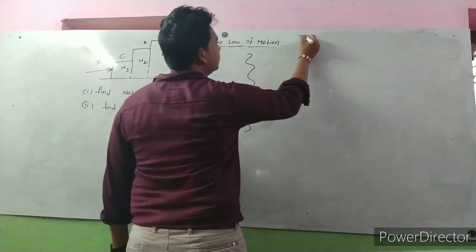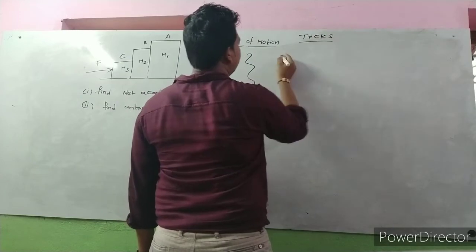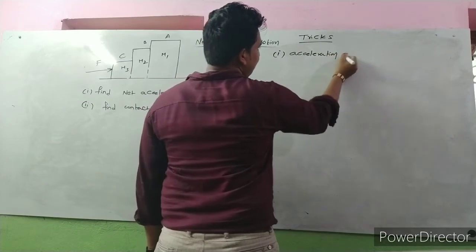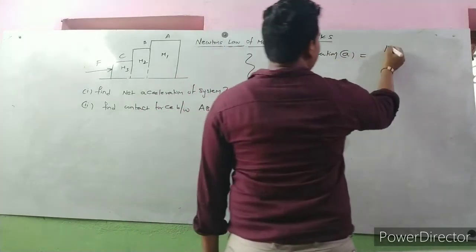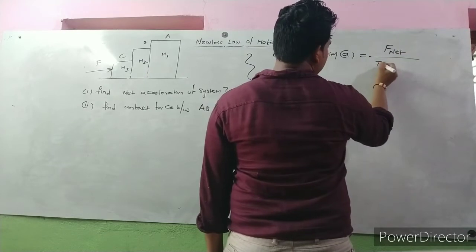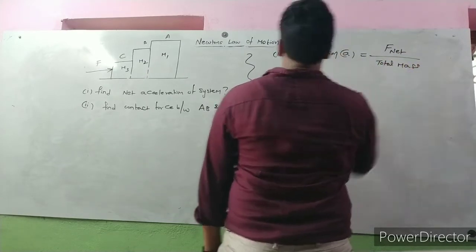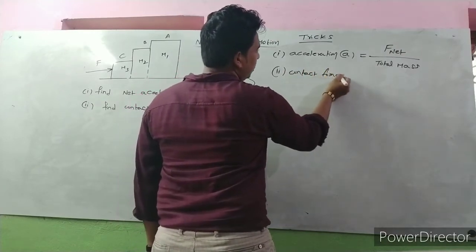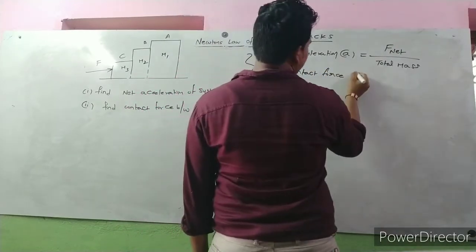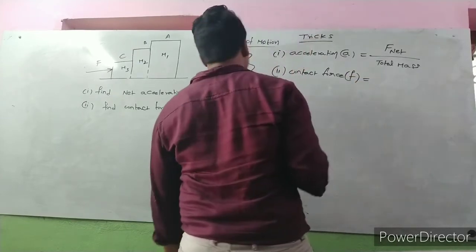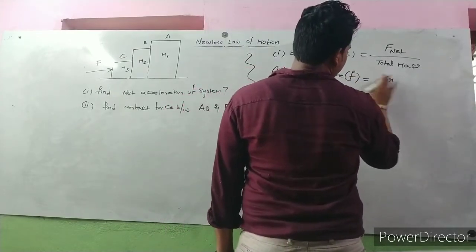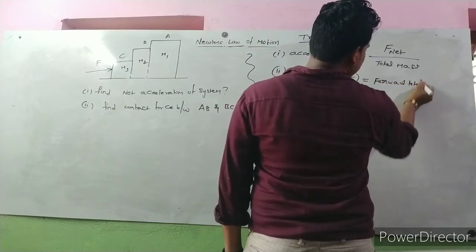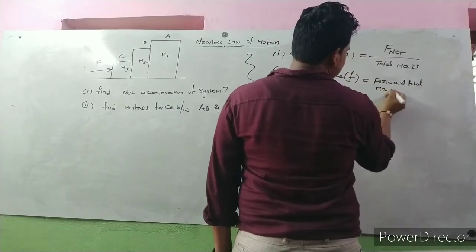What are the tricks? The first trick: acceleration is equal to net force by total mass. The second trick: contact force, indicated with F, is equal to the forward total mass into acceleration.